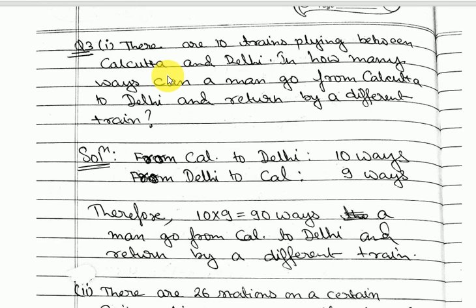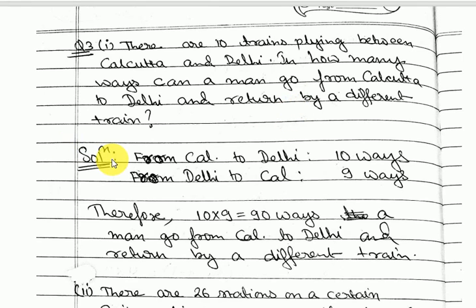Now there is one man who wants to go from Calcutta to Delhi and he has to return again to Calcutta. But the question is, how many ways can he go from Calcutta to Delhi and return by a different train? So suppose he is going by Rajdhani from Calcutta to Delhi, then while coming back to Calcutta, he is not supposed to come by Rajdhani only.